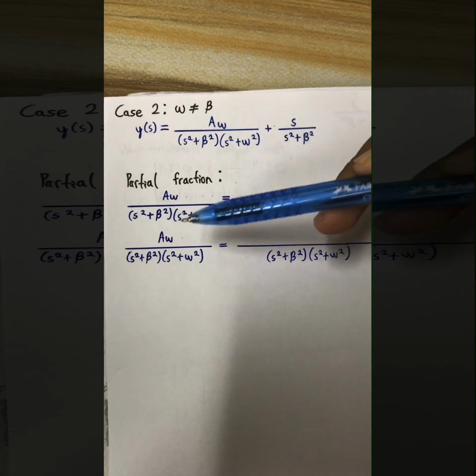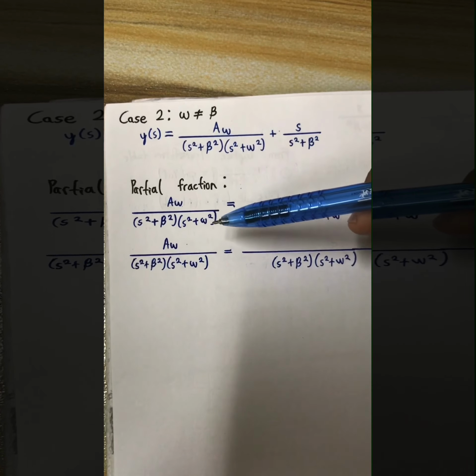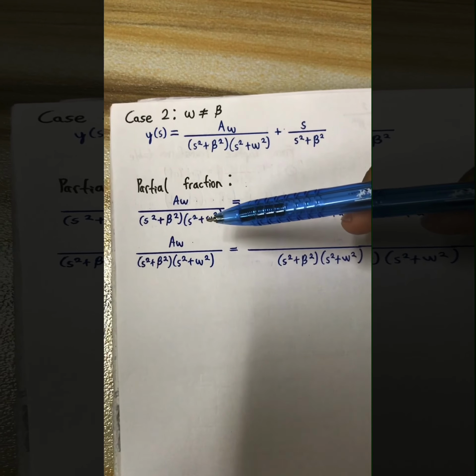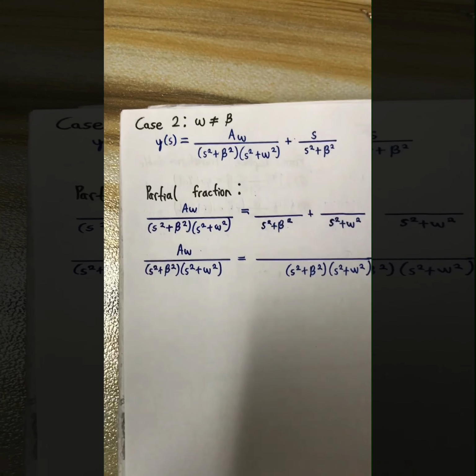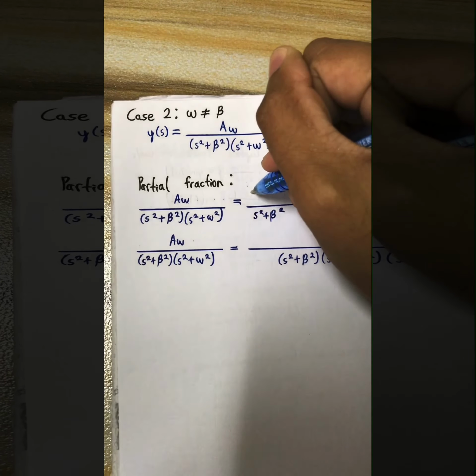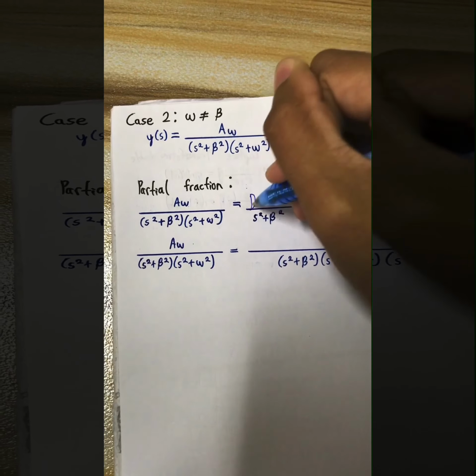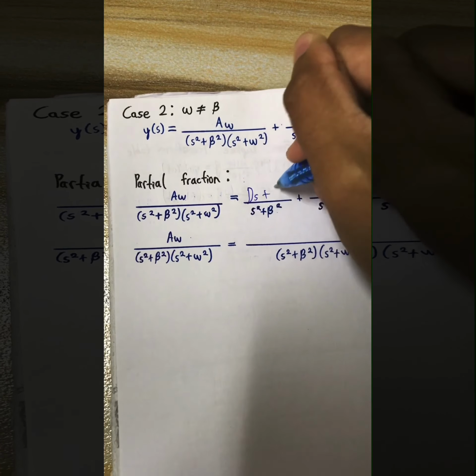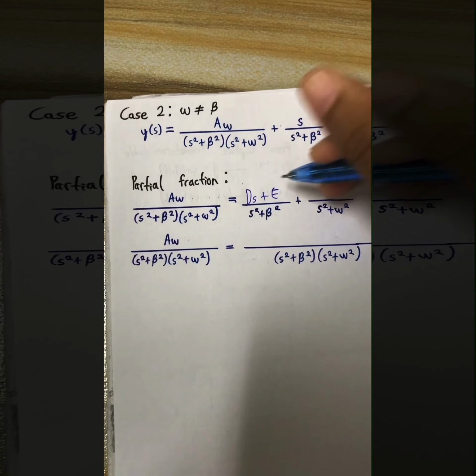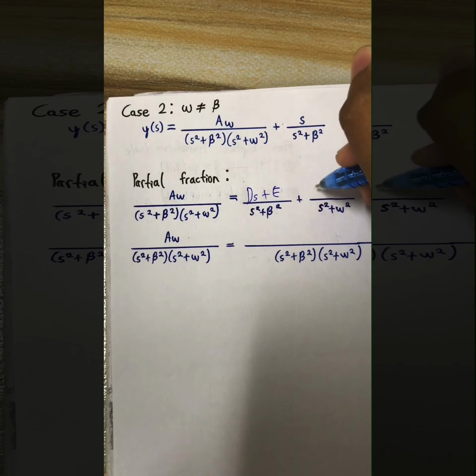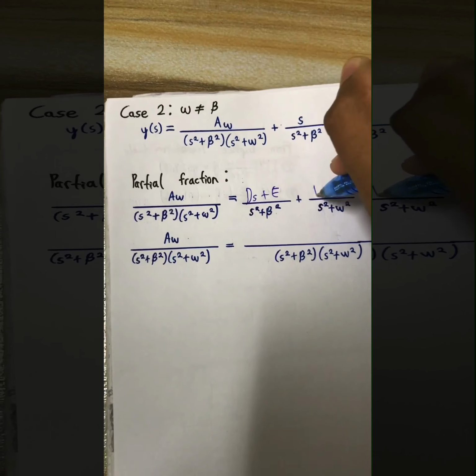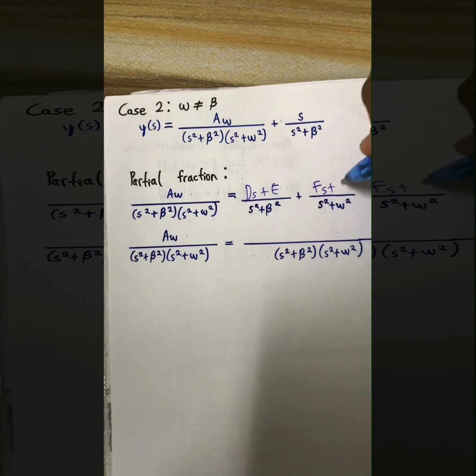This is a non-repeated, non-linear type. So the above part is d s plus e, where you can use any constant, and then plus f s plus g.